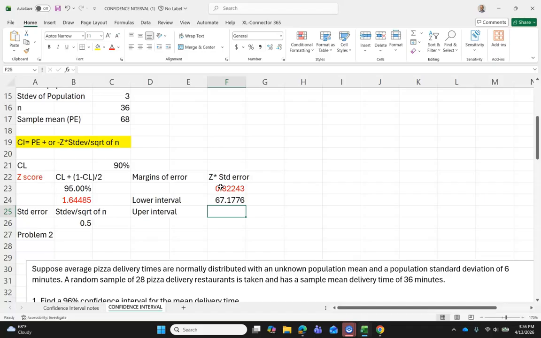So now we have the lower bound. Let's find our upper bound. In this case, we are going to click on the sample mean, but this time we're going to add the margin of error. And so those are the lower and upper bounds.